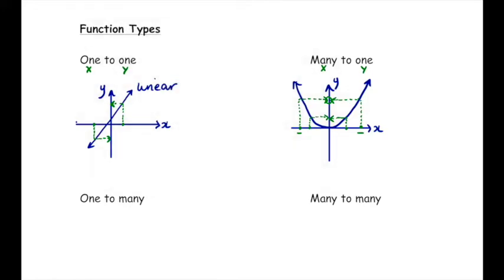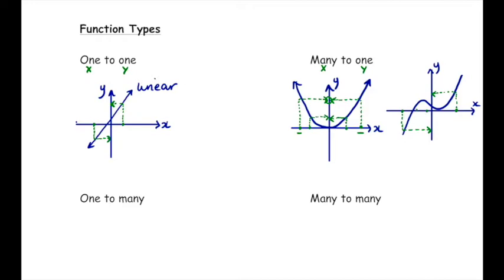Another example of that might be a cubic function. Again there's my axis, so I've got my x-axis and my y-axis, and a cubic function might look something like that. On here I have one value of x going to one value of y, and I have one value of x going to one value of y.